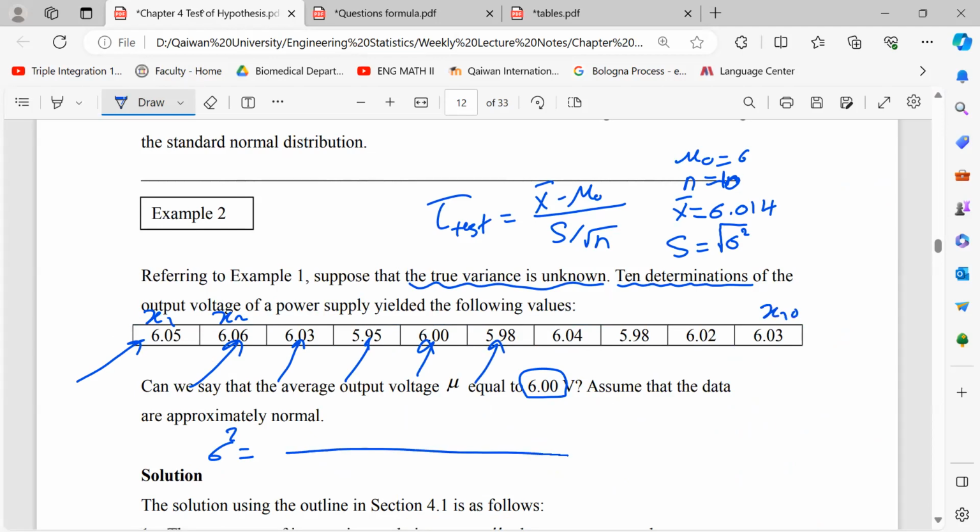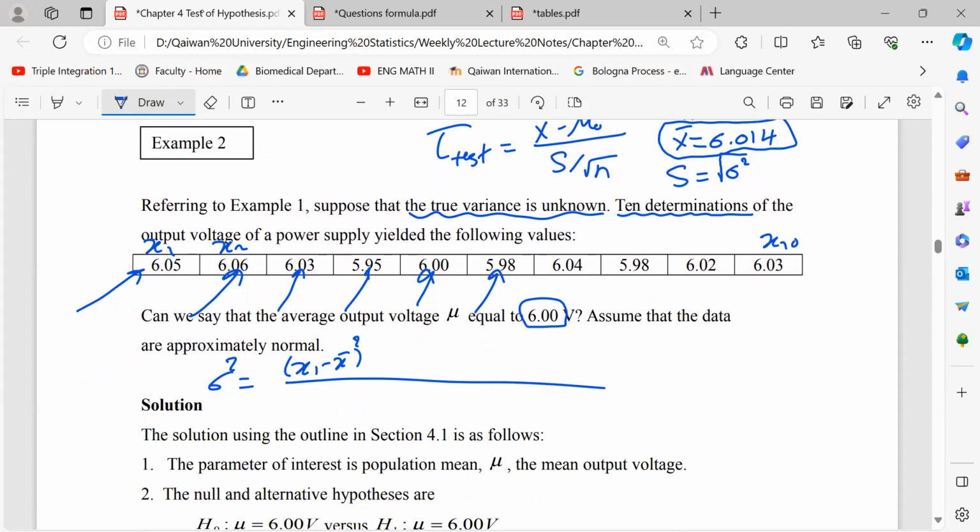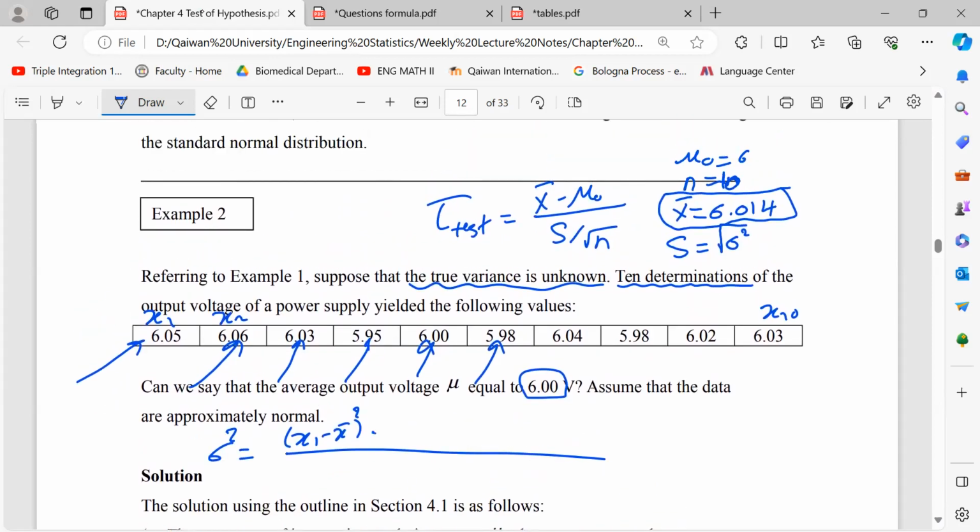Sigma squared is x1 minus x bar squared, where x bar is 6.014, the sum of all numbers divided by the number of numbers, plus x2 minus x bar squared plus x3 minus x bar squared plus up to x10 minus x bar squared, all divided by n.